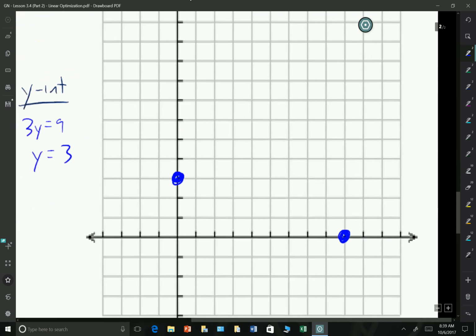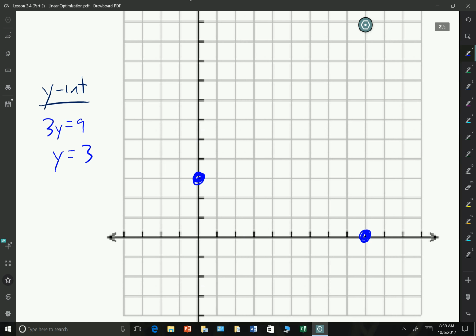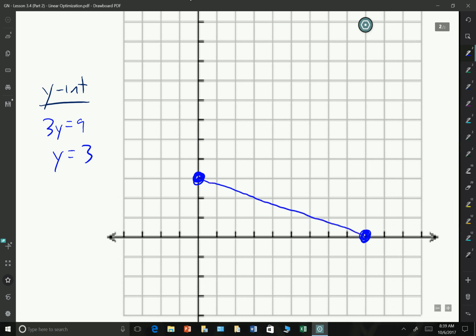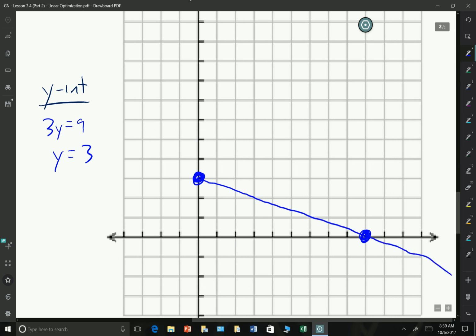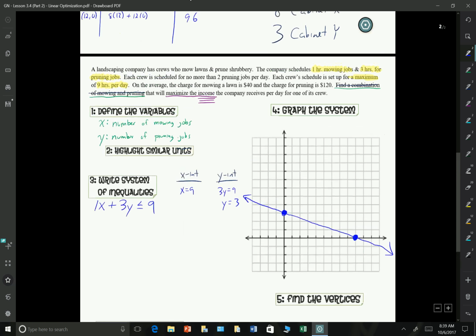I connect them with a straight line. I would use a ruler or be very good at drawing straight lines. And I'm going to go in the negatives. There we go. Less than, correct? If it says less than, I would shade under. All right, so I used those hours. I'm going to ignore them from this point on. They are gone.